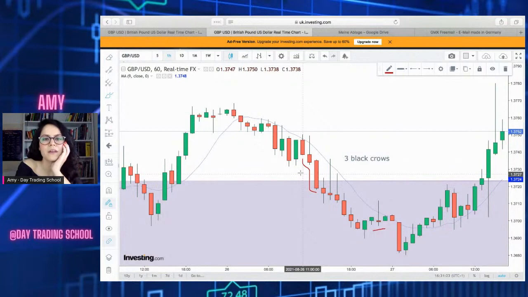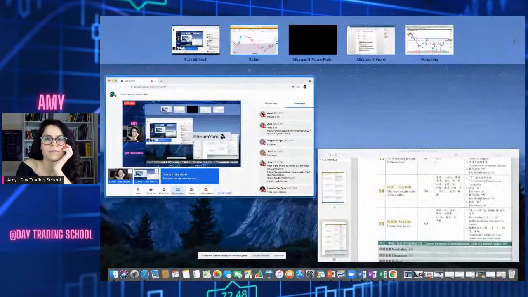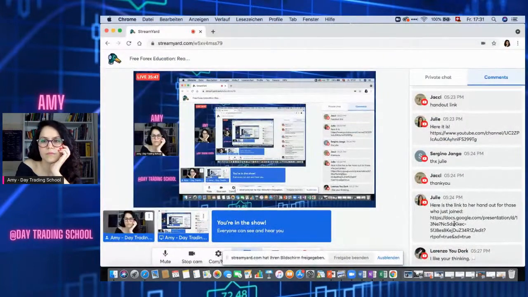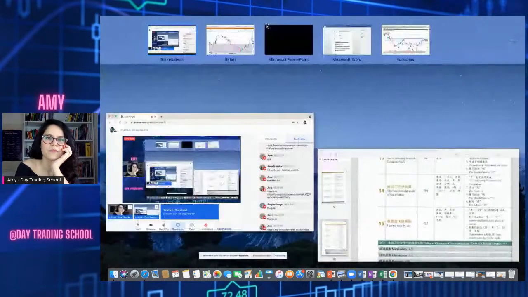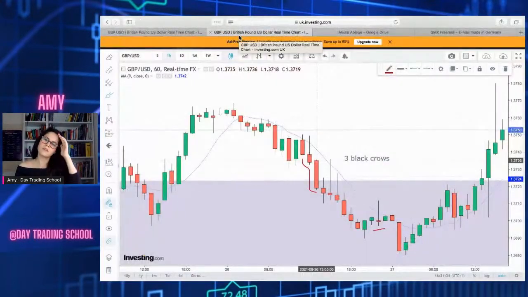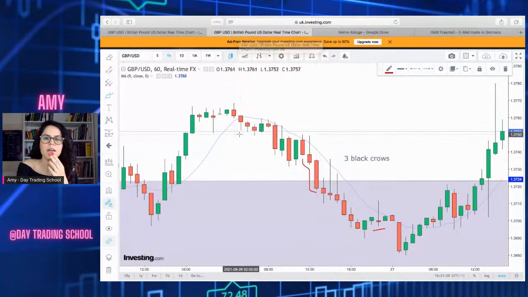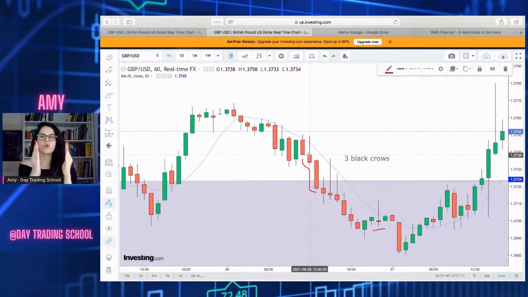You can just type in if you want to. What do they express? You see, now the market opens right here. It opens with 3 black crowns. It opens with 3 bearish candlesticks.